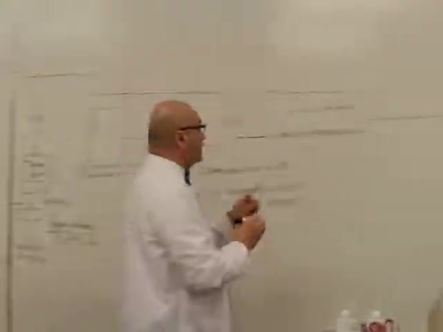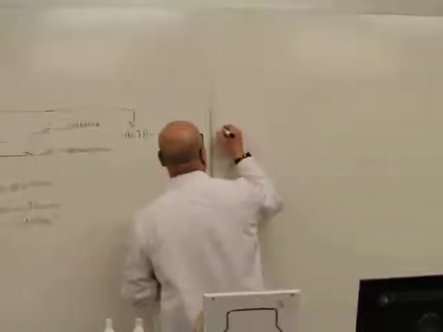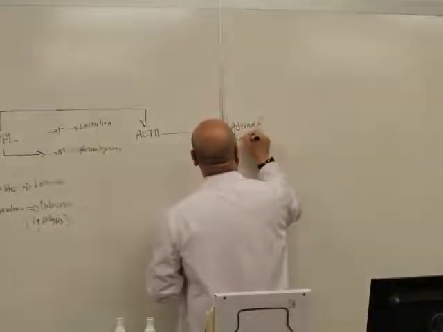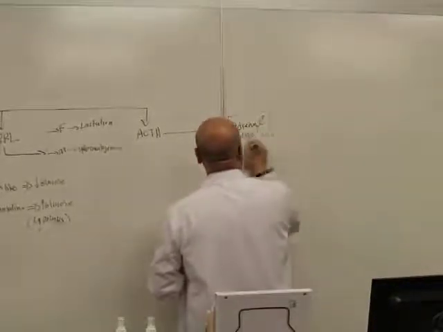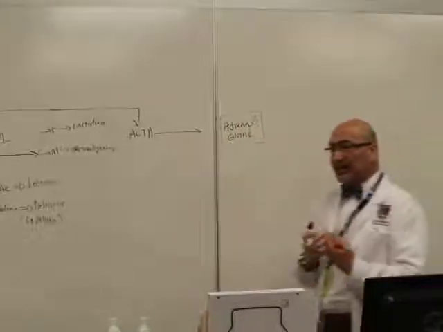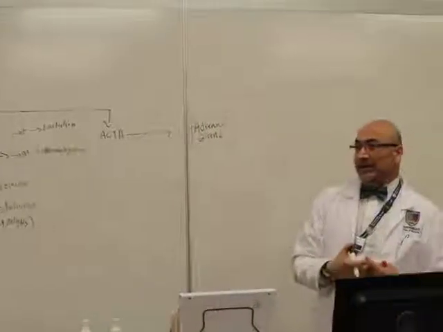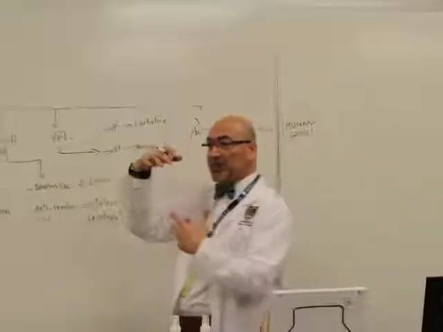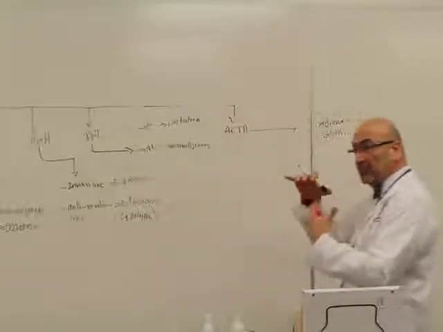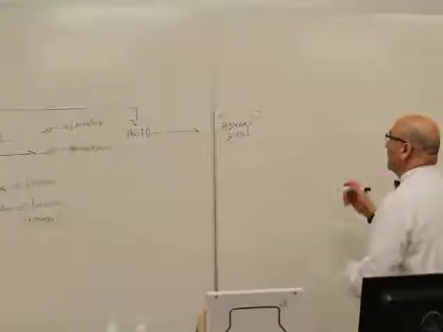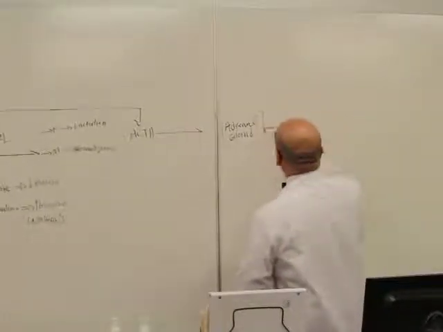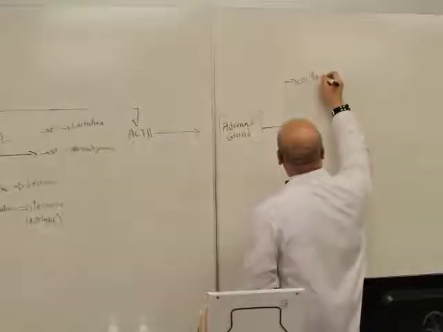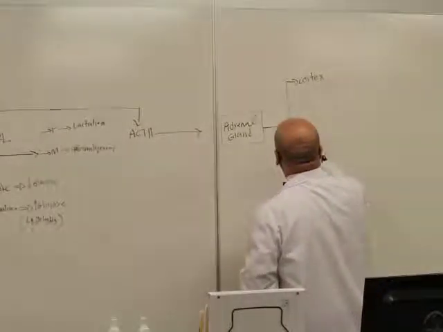So the target for ACTH is adrenal gland, right? What makes adrenal gland special is that you have two glands in one, because it's got the cortex and medulla, so you have cortical and medullary aspect of that gland, right? So this will be divided into cortex and medulla.